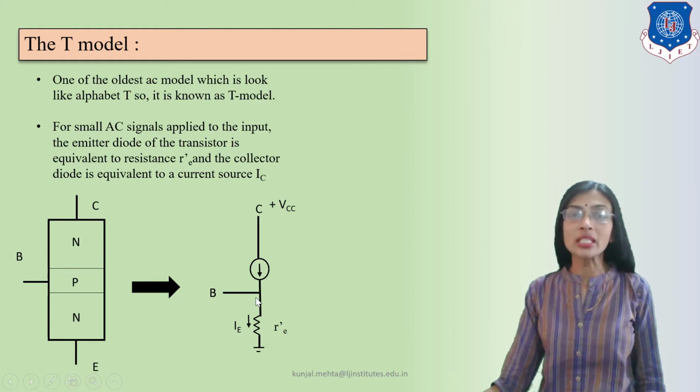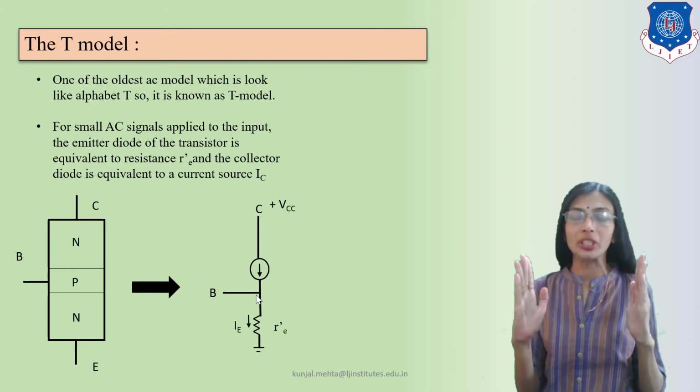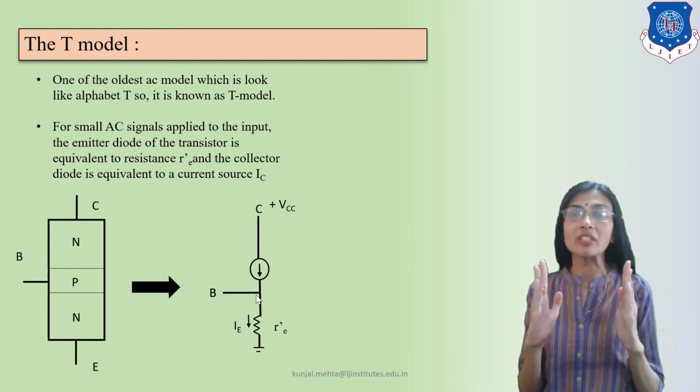So why is it known as the AC model? Actually, whenever we consider the BJT symbol, there are two main ports. One is the input port and another is the output port. The input port always behaves like a diode and the output port behaves like a current source.